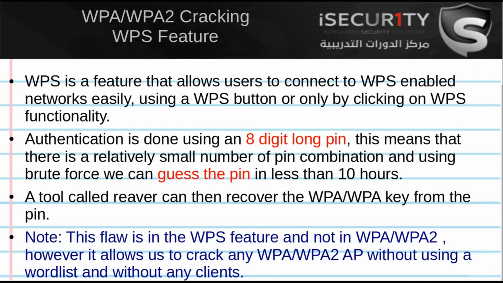If you press that WPS button and you go to your router and press the WPS button there as well, or go to the configuration page and press the WPS button, the client, the printer or your Windows device will connect to the network without having to enter the key. So the purpose of using WPS is that it's a feature that allows clients to connect to the network easily without having to enter the WPA key manually. So it's just a feature in routers.